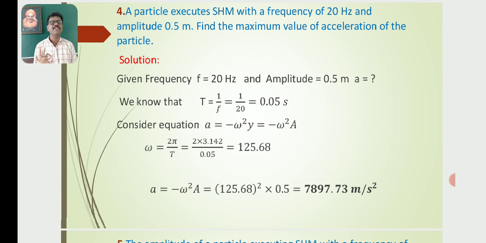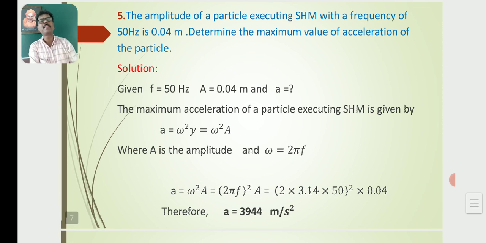Then omega square, 125.68 whole square into 0.5. After simplification we will get 7,897.73 meter per second square. So that is the acceleration of a particle executing simple harmonic motion.